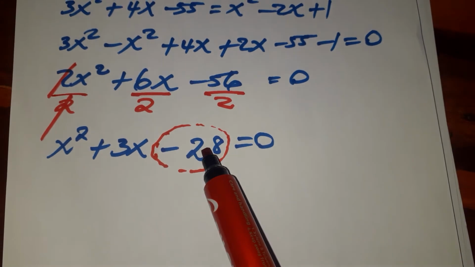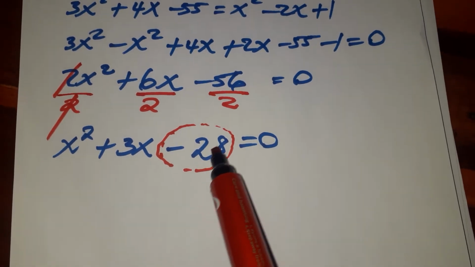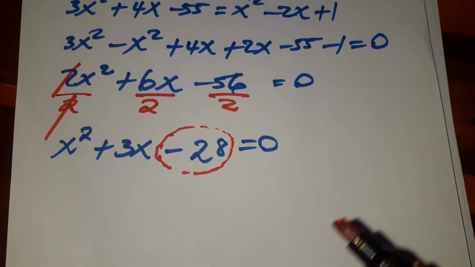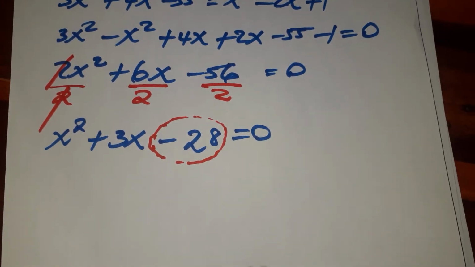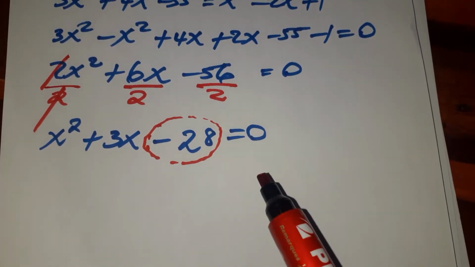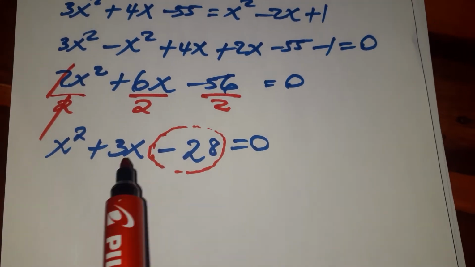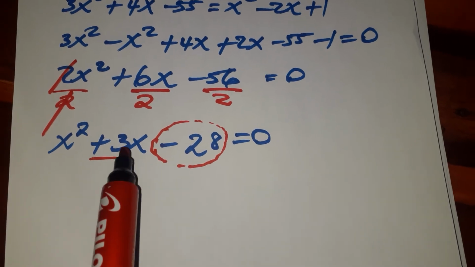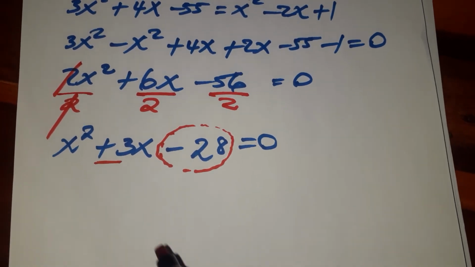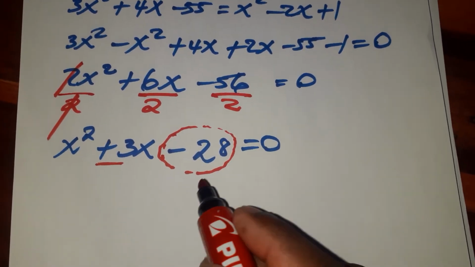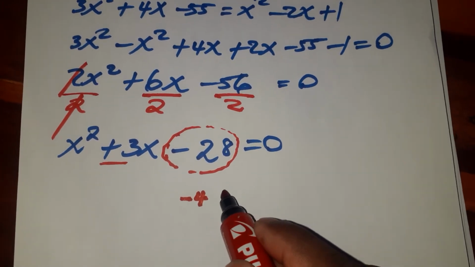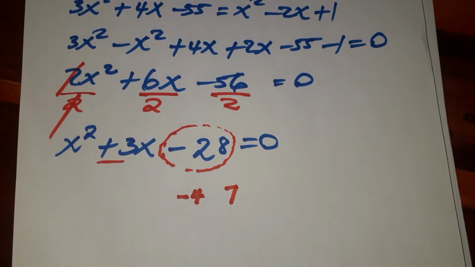We have to consider the value 28, and then we look at the factors of 28 that we can multiply to get negative 28. When we add the two factors, we should get positive 3x. I mean just positive 3, not x, but positive 3. And those two numbers should be negative 4 and 7.